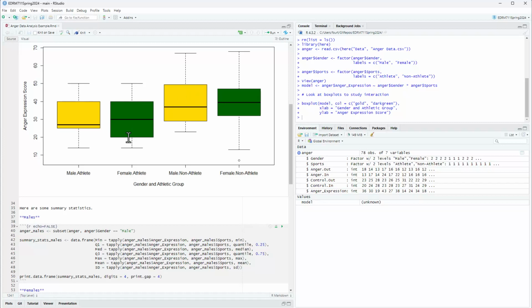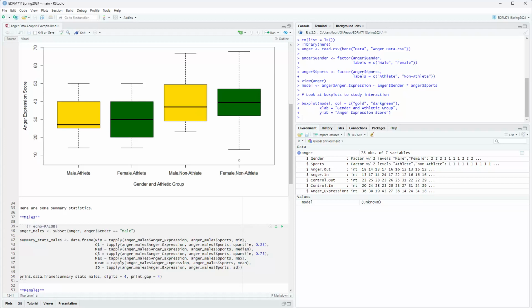But in any case, we notice that for both males and females, the athletes have typically, not always, note we have some values up here near the top, but typically have lower anger expression scores than those over here that are non-athletes. It doesn't look to me like there's much difference between male and female. If we look both at athlete and at non-athlete, pretty similar patterns for male and female.